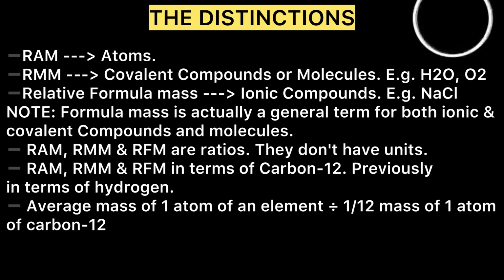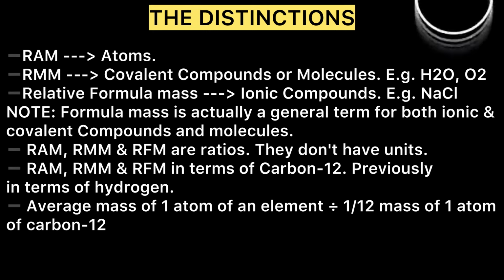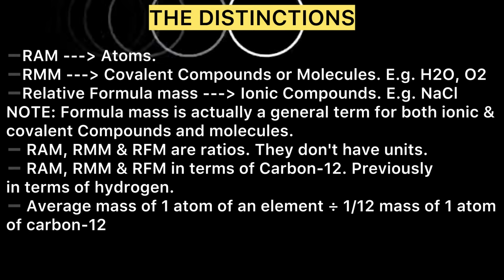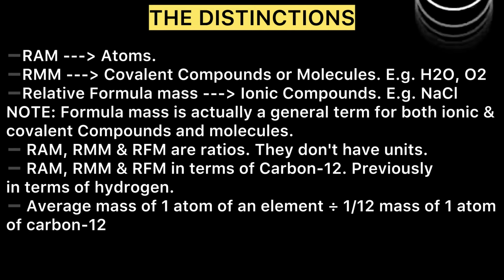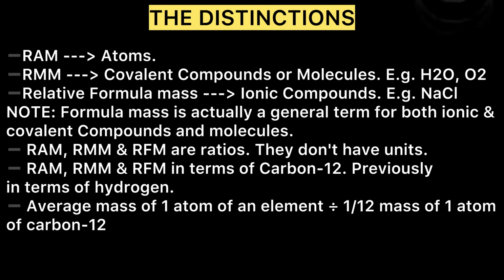If you say 1/12 times 12, you're going to get 1. So we said the average mass of one atom of oxygen divided by 1/12 mass of one atom of carbon 12, so we're still getting 1 as the reference, even though it's carbon 12. That was the reason in previous times they used hydrogen. Why? Because hydrogen has an atomic number of 1.